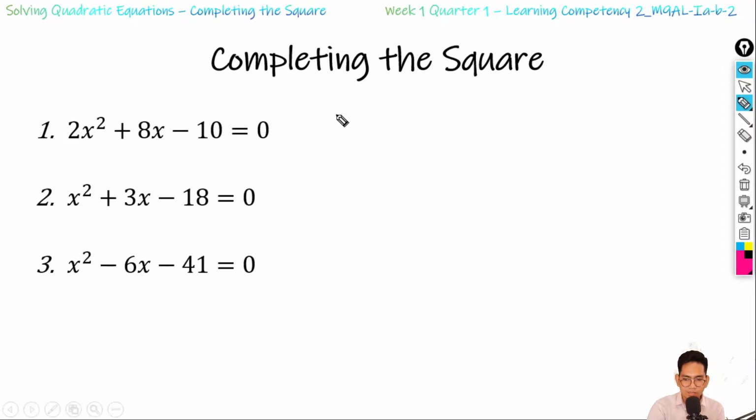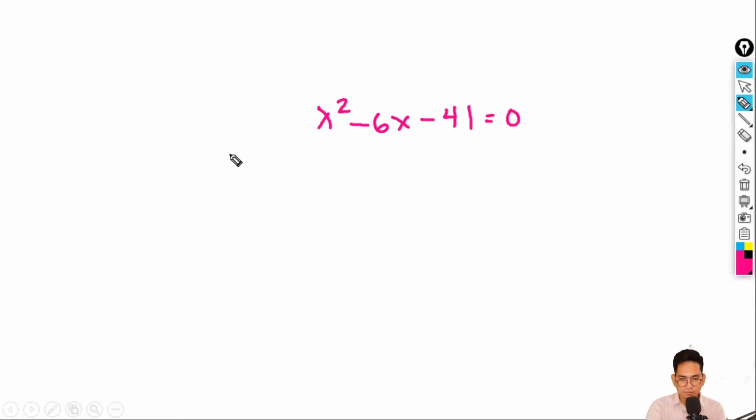And finally, we have x squared minus 6x minus 41 is equal to 0. So isolating the terms with variables on the left hand side of the equation, we have x squared minus 6x plus blank is equal to 41 plus blank. So what is that term to make this a perfect square trinomial?